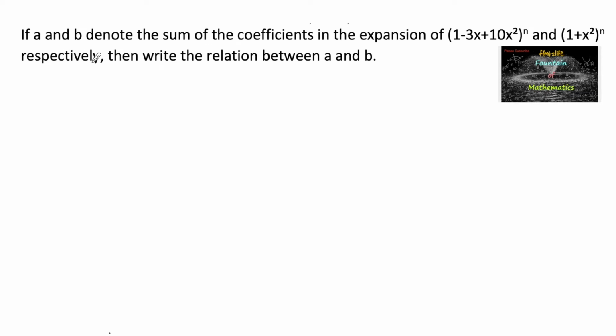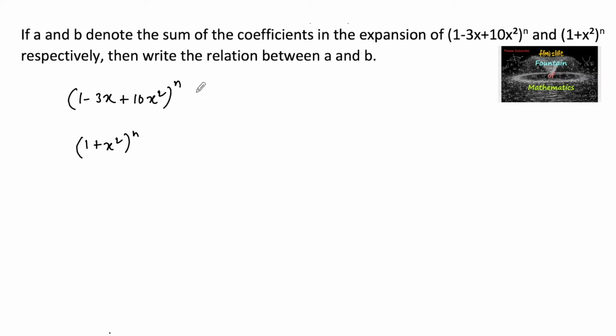If A and B denote the sum of the coefficients in the expansion of (1 - 3x + 10x^2)^n and in the expansion of (1 + x^2)^n respectively, then write the relation between A and B. We know that to find the sum of the coefficients in any expansion, we can substitute x is equal to 1.